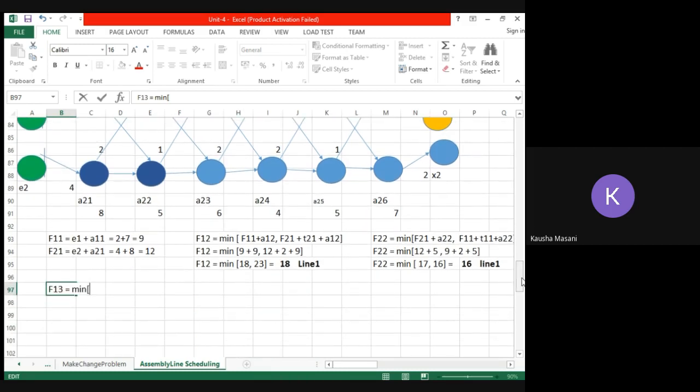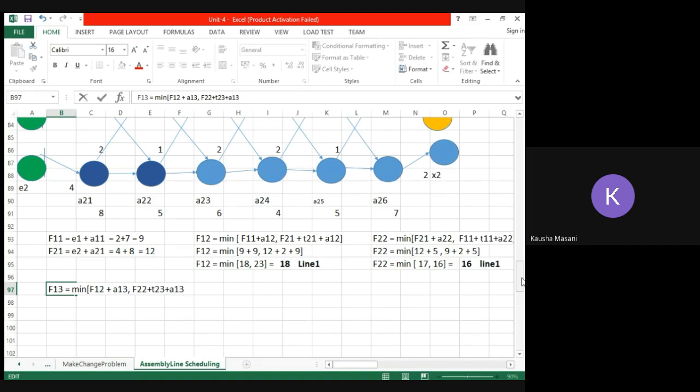Check your values. F13, minimum of F12 plus A13, or F22 plus T23 plus A13.